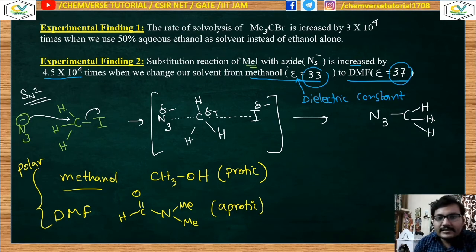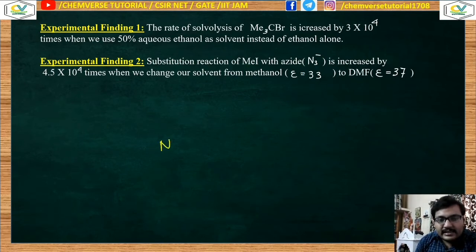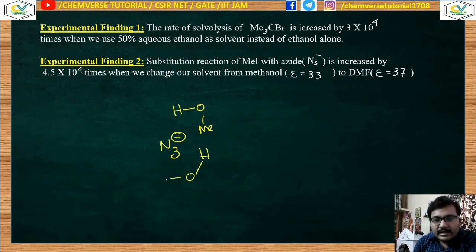If you think that before the reaction is happening in the reaction medium, this is your substrate molecule, which is methyl iodide, and azide. So azide is the anion, and this azide nucleophile itself can be stabilized with the help of this kind of solvation from methanol.